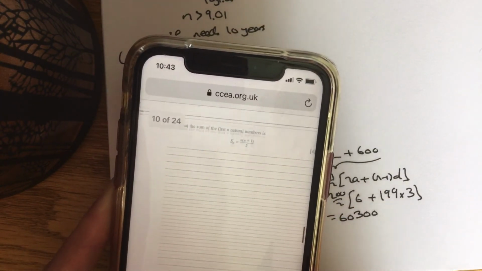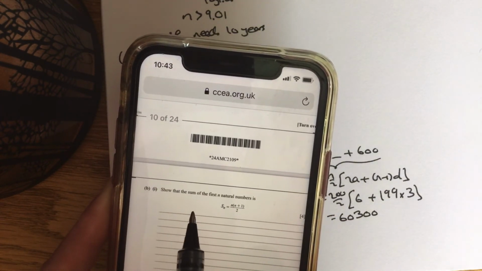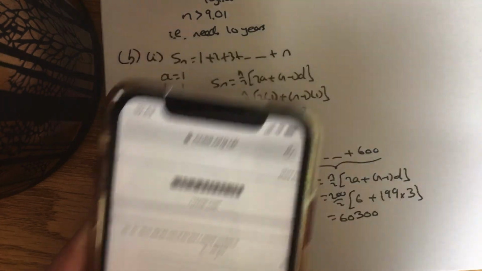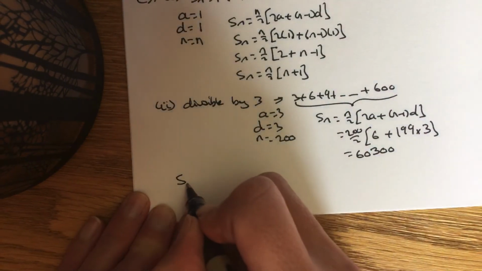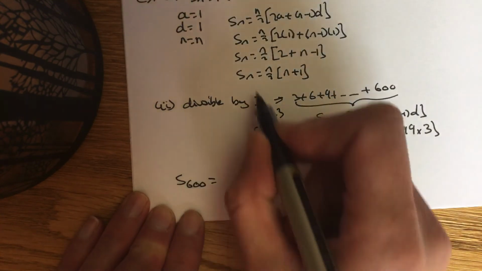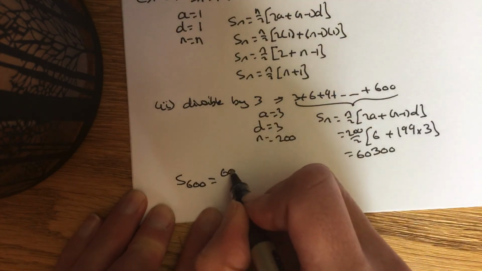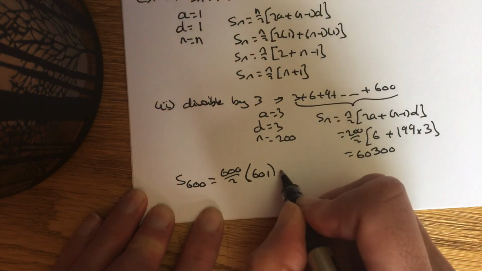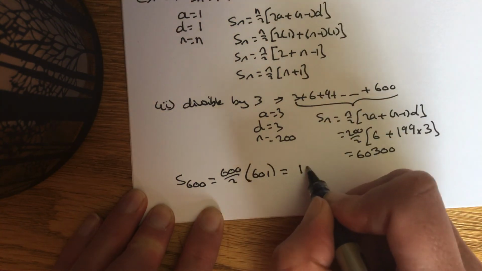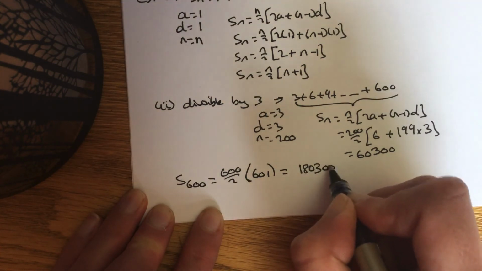If you look back to part 1 of that question, it's wanting you to find all of the numbers. So what I could do, I could find the sum of all the 600 numbers, just using your formula from above. So the sum of all the 600 numbers would be 180,300.